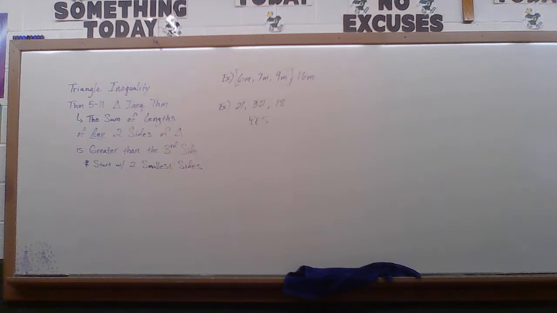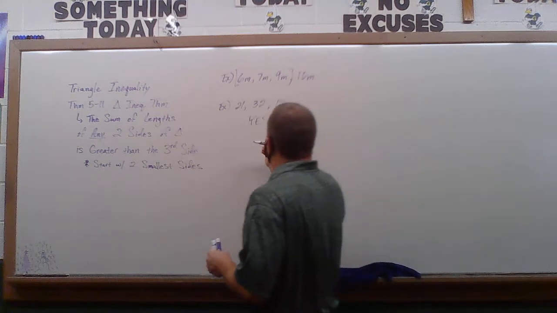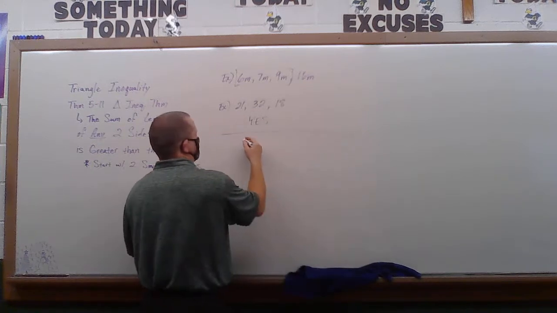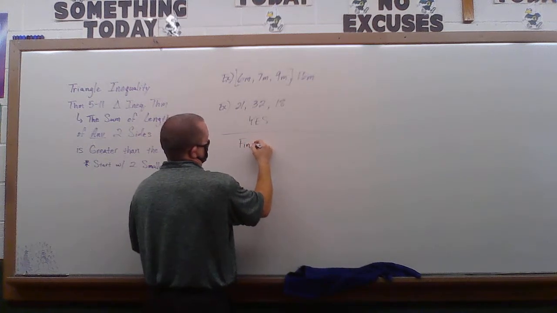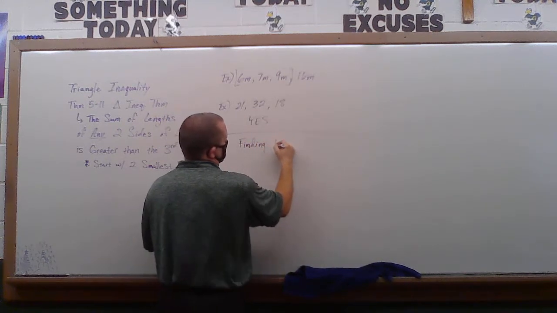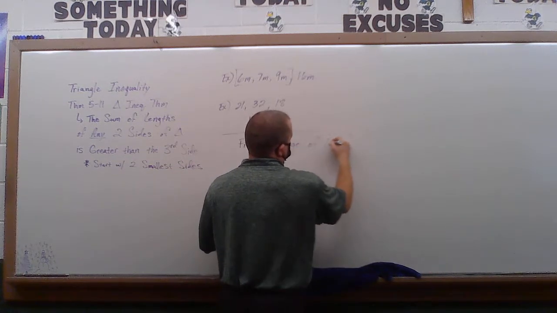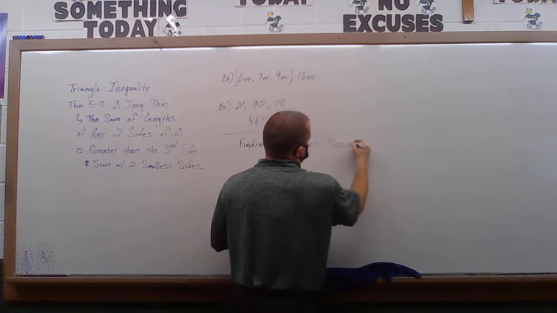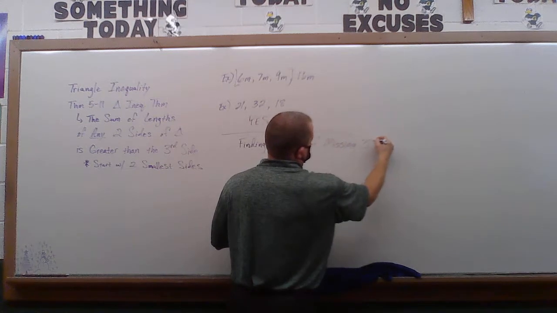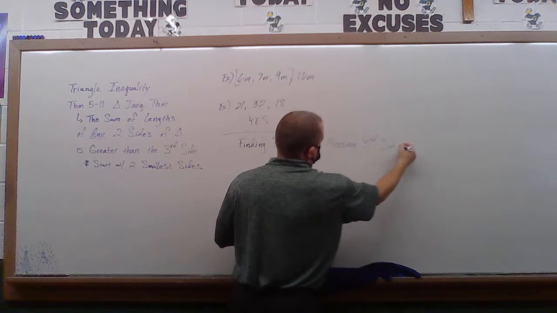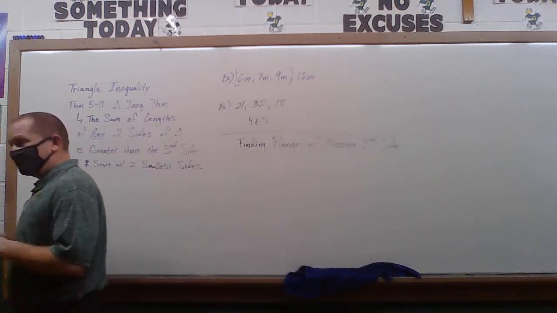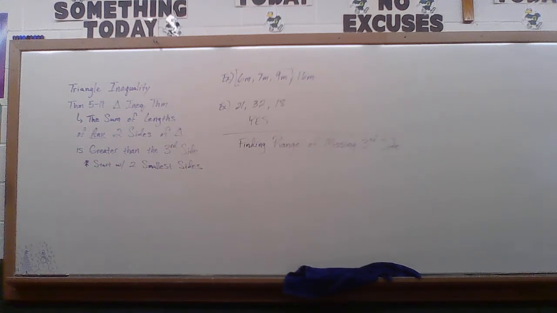Questions there? Hopefully that's not too hard. Okay? The next part is finding the range of the missing third side. What does range mean? If you're talking about measures of central tendency, the mean, median, and the mode, sometimes they throw in the range.